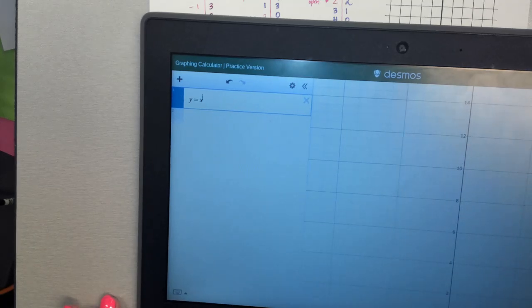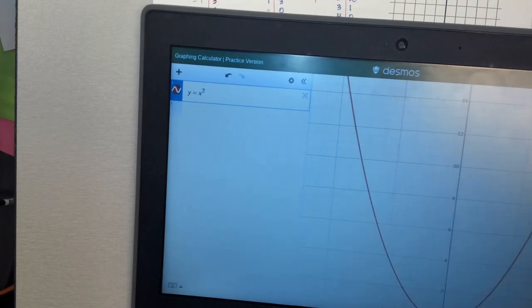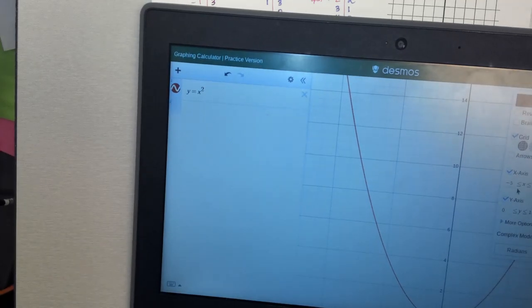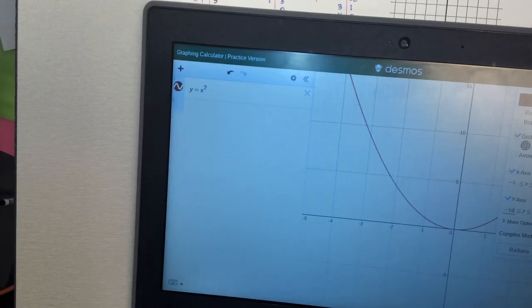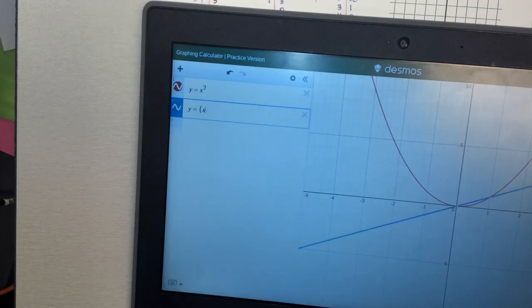Okay, and on decimals, you can actually do this a few different ways. So you could do x and then to the second power. That would be your x squared. I'm just going to change my window, -5 to 5, and -10 to 10. Okay, and then you could do y equals x plus 1 squared. You could do that.